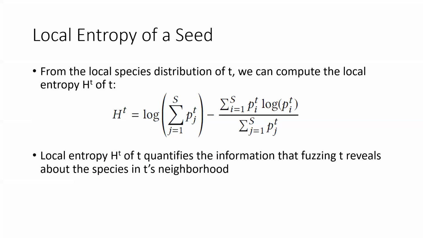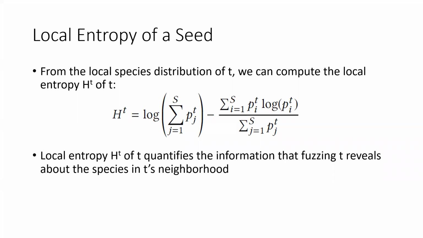Now, because there is the local species distribution for a seed T, you just substitute the probability P with the probability P of seed T to get the local entropy H_T. This H_T quantifies the information that fuzzing a seed T reveals about the species in T's neighborhood.